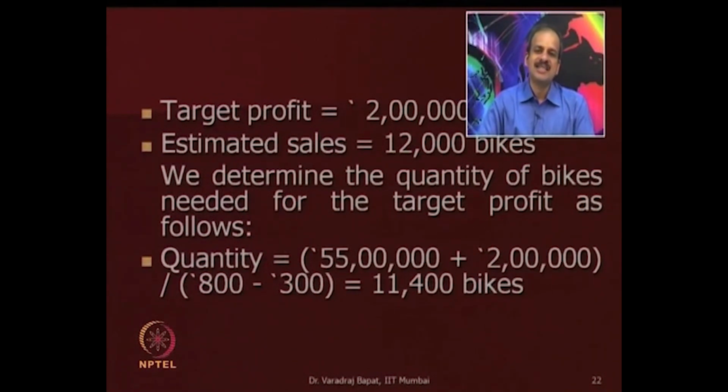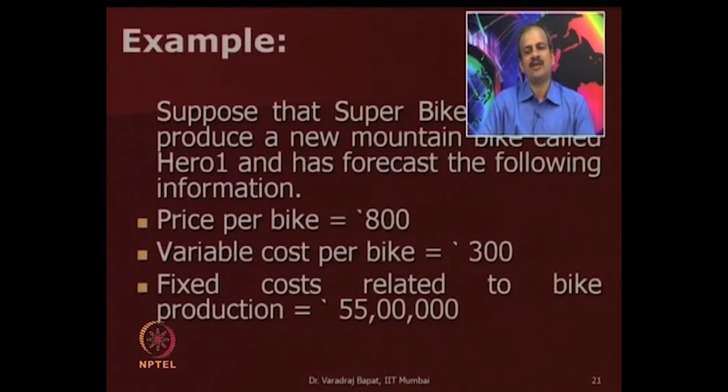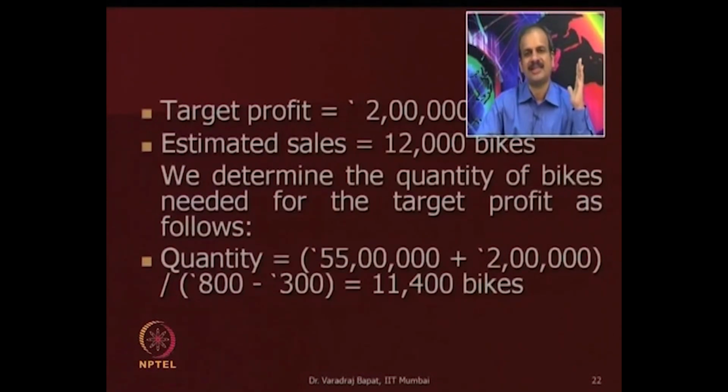Now we may be asked, I will just take you back to the information. We know that SP is 800, we know VC is 300, we know FC is 55 lakhs. Now using this data, we can calculate how many bikes need to be sold to generate the target profit of 2 lakhs.